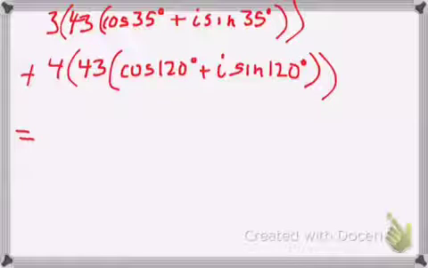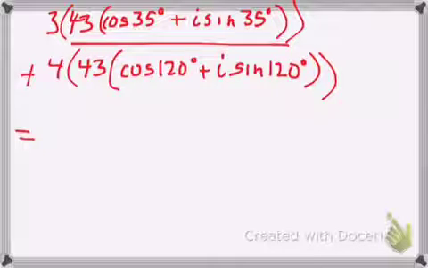So if we take the first vector, and the reason that I multiplied by 3 here is that this represents the distance covered in 1 hour, the magnitude of that thing.